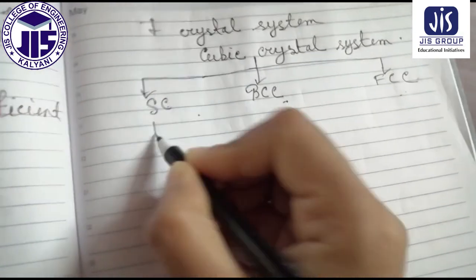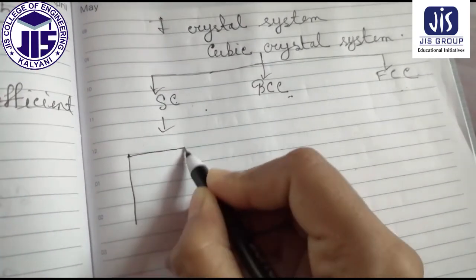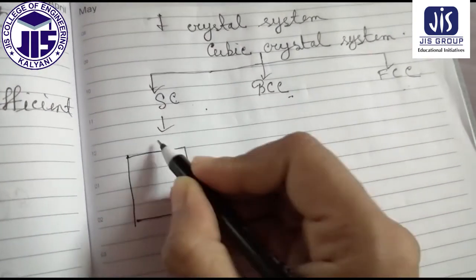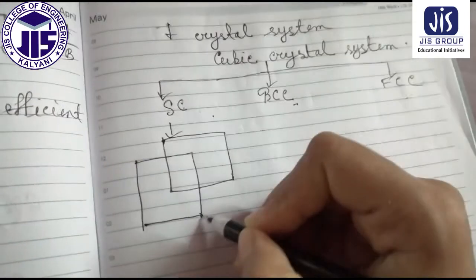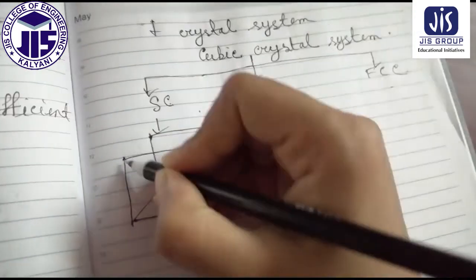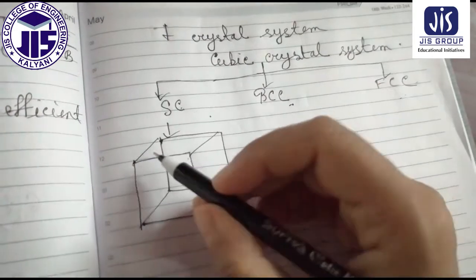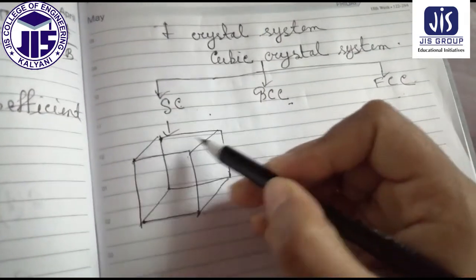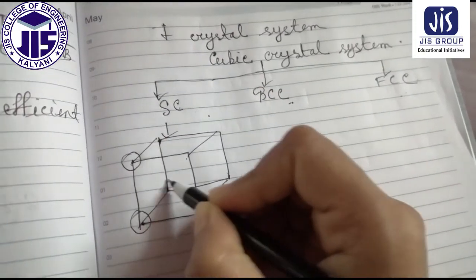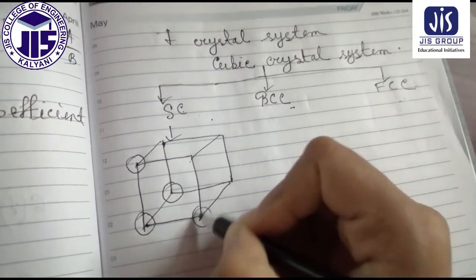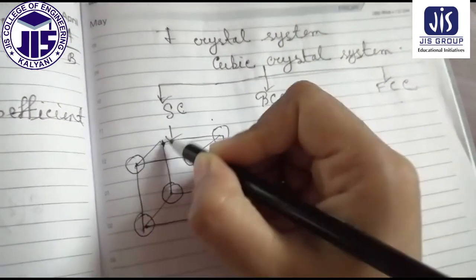First we have to draw a figure. The figure is like this. Draw a cube like this, a simple cube. Now there are 8 corners. At each corner there will be 1, 2, 3, 4, 5, 6, 7 and 8.